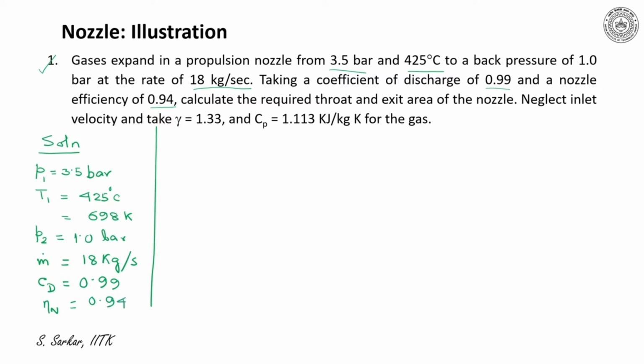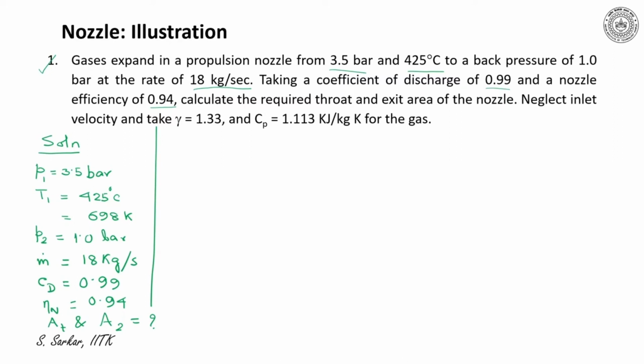You need to calculate the throat area AT and exit area of the nozzle A2. I'll show you how to calculate the throat area and exit area of the nozzle.